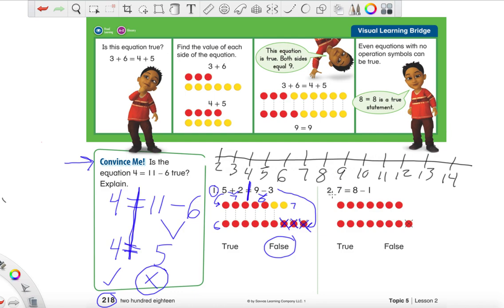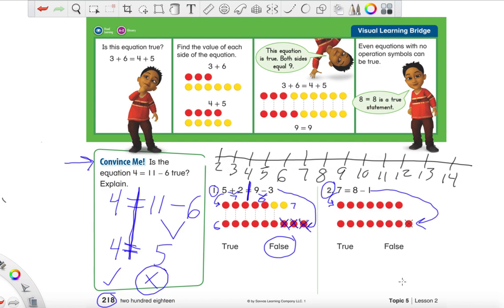Alright. But now I'm going to let you try one completely on your own, guys, okay? So number 2, you can use the picture that they gave you if you like. Just remember that the 7 is the top right here, and the 8 minus 1 is the bottom. You can also use the number line either on the screen or on your desk to help you solve this.